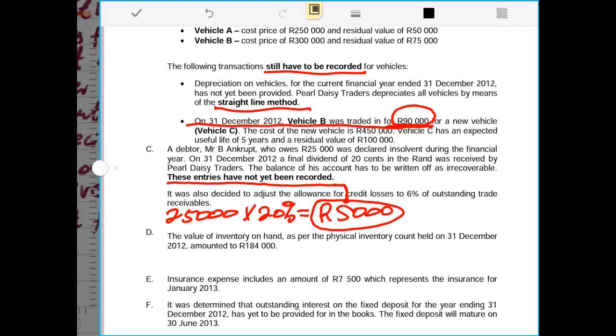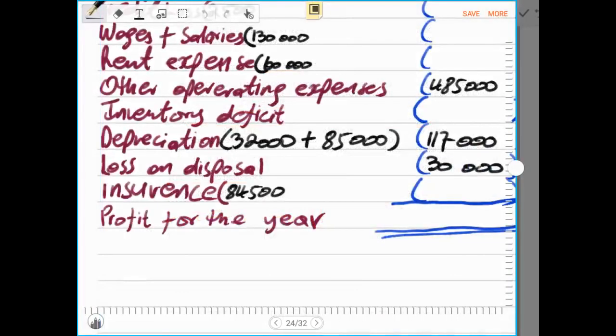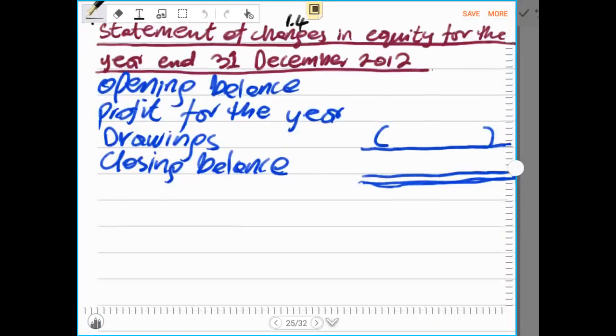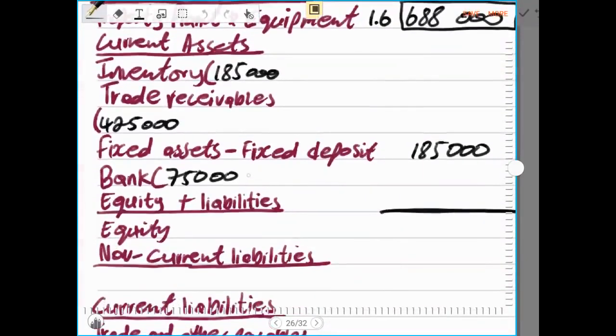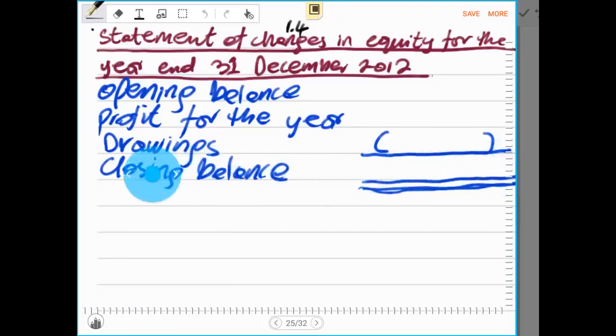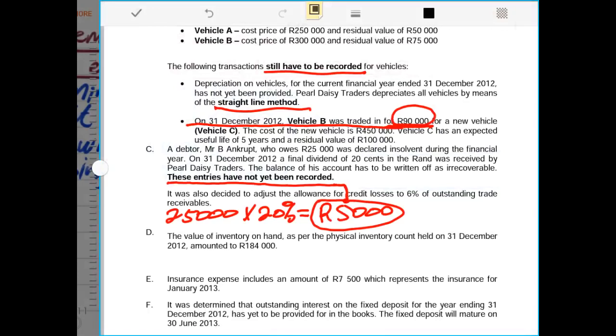So now it has to be recorded as cash in the bank. So let us record that as cash in the bank, which will affect our statement of financial position. So now under our bank, we have to say plus 5,000 rands, because this money was received but not yet recorded. Then we continue again with the transaction.